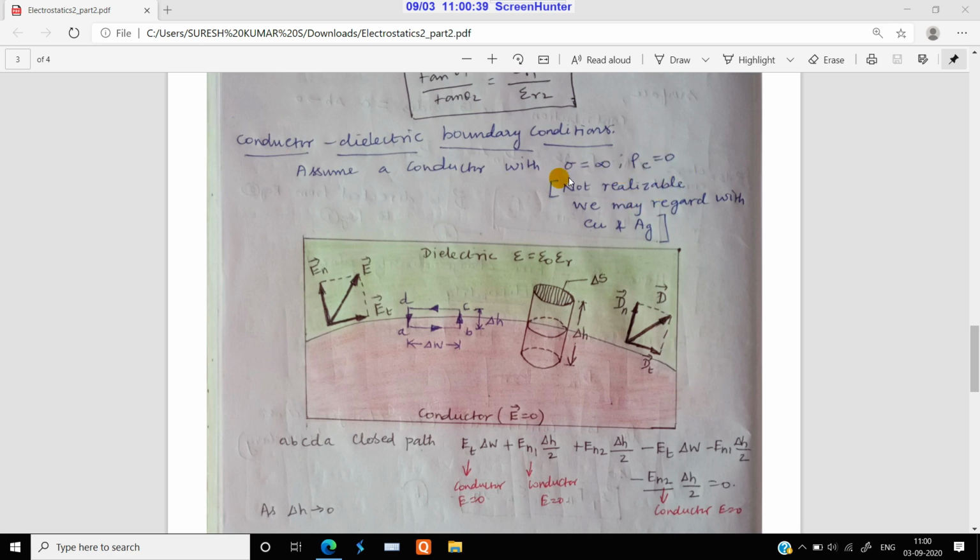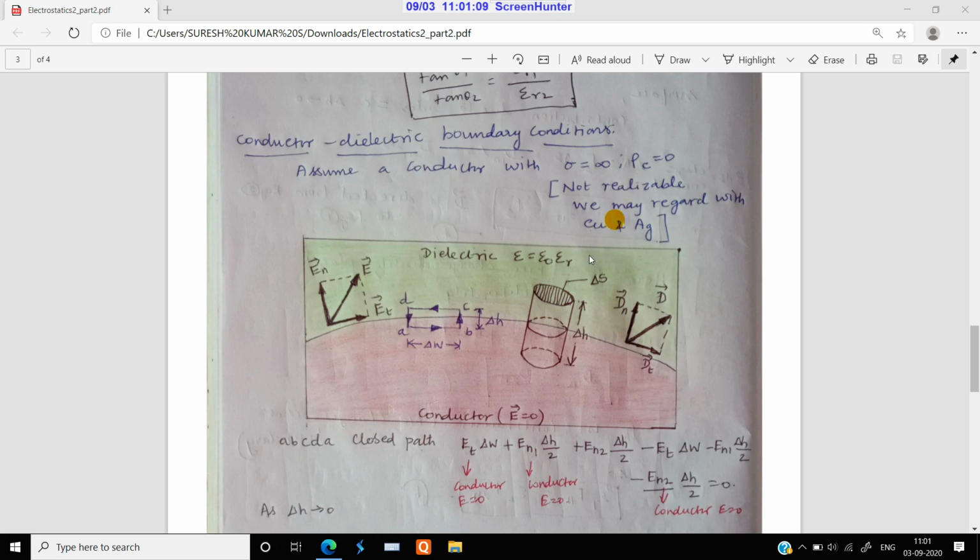So this is an ideal condition for a conductor. It is not realizable in the practical case. This condition may be somewhat realized in some materials like copper and silver, but for most materials it is an ideal one, so it is not practically realizable.